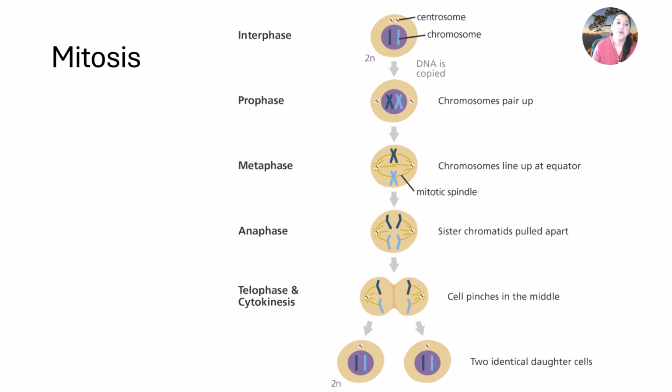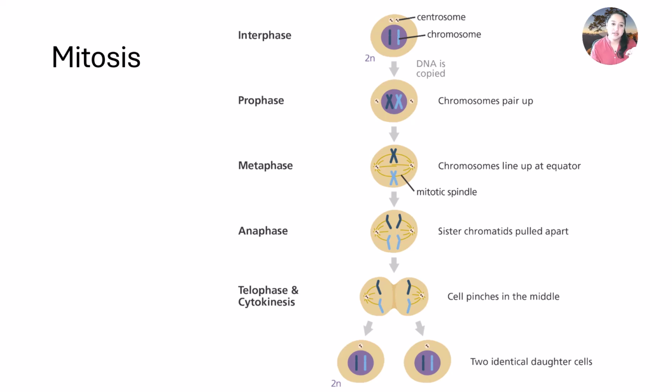and you want each of your cells to have the same material. So in interphase, remember that bigger chunk of the cell cycle, you copy the DNA. So here, the DNA is copied. Now you have two of the little light blue chromosomes and two of the dark blue chromosomes. And to be able to divide up and be organized well, they pair up.